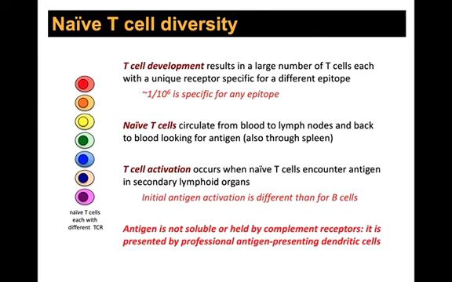But the important thing here is that antigen is not soluble and just held on the surface. It's taken up and converted, it's cut up by the proteasome or by proteases in the endocytic pathway, so that it's cut up into little peptides, and those are presented to T cells by professional antigen-presenting dendritic cells.